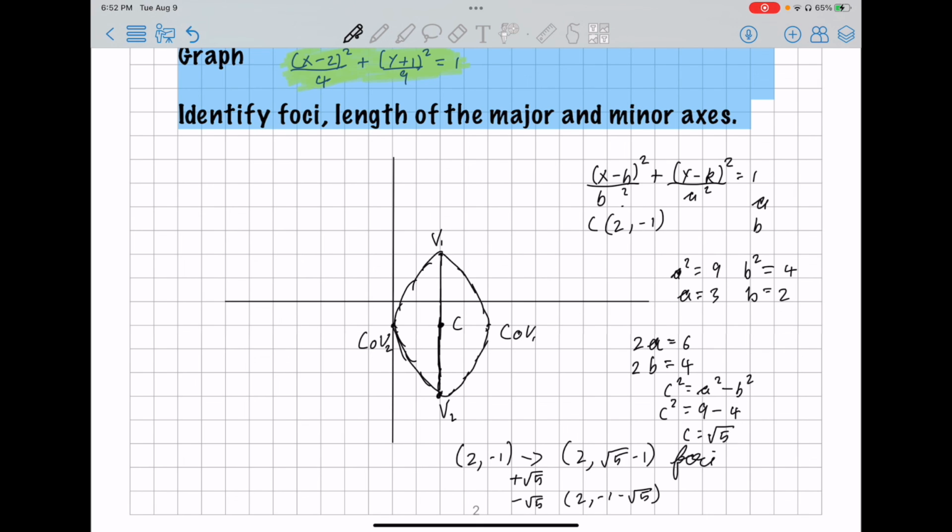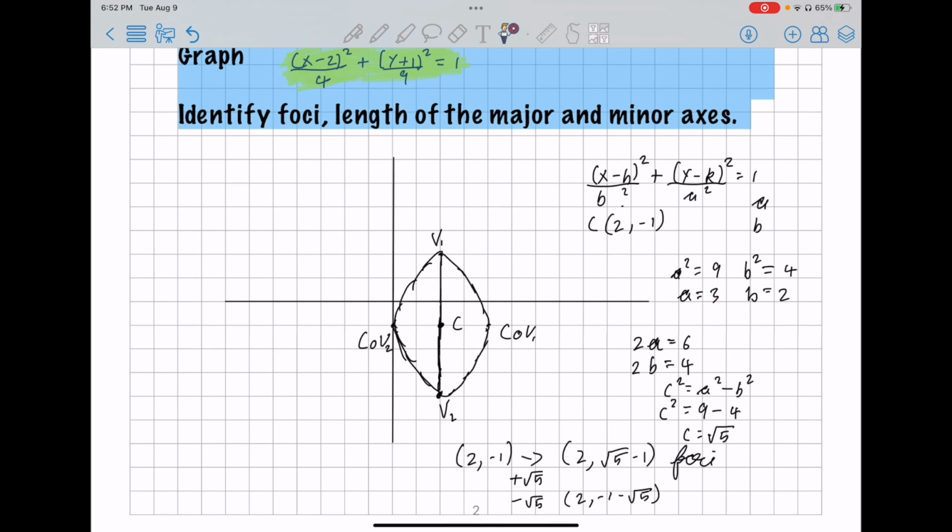Even though they didn't ask for it, let's quickly find the vertices and the co-vertices. It's similar to how we found the foci. We have the center, and let's start with finding the vertices. We go up and down 3 for the y.